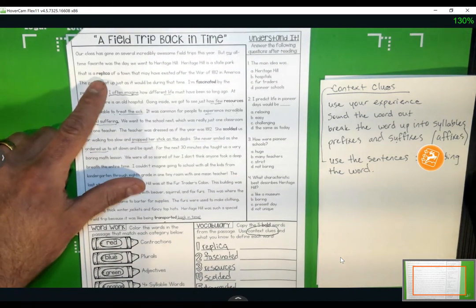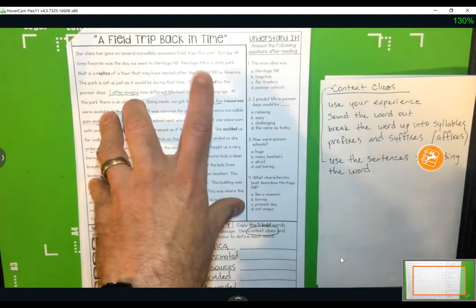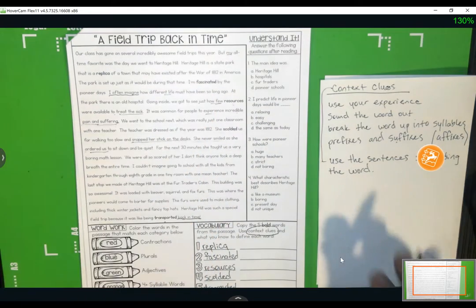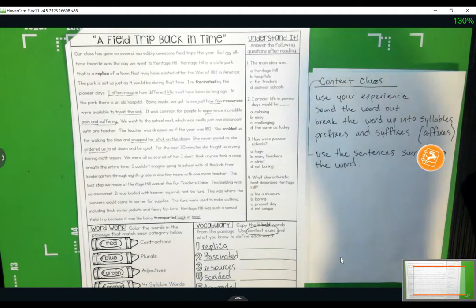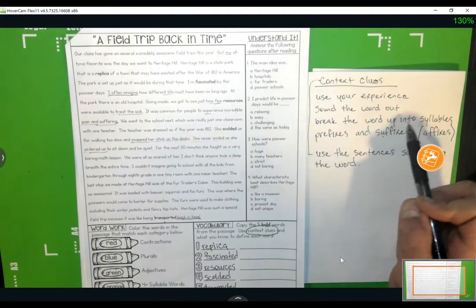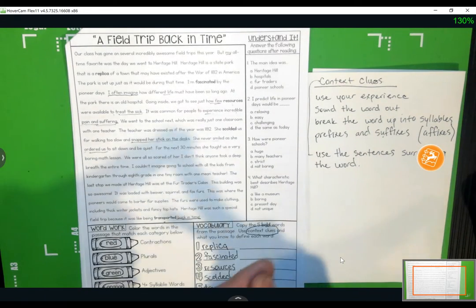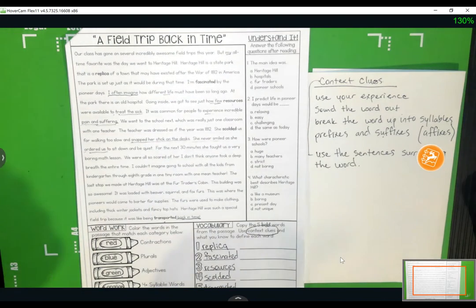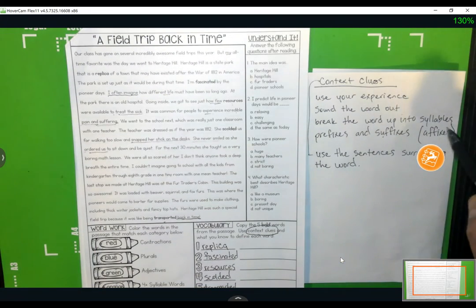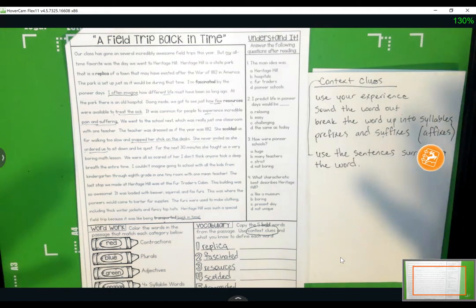And so the first word I want to look at is fascinated. So thinking about the word fascinated, we can use our experience, sound the word out, which we did, and break the word up into syllables. Then we look at prefixes and suffixes.